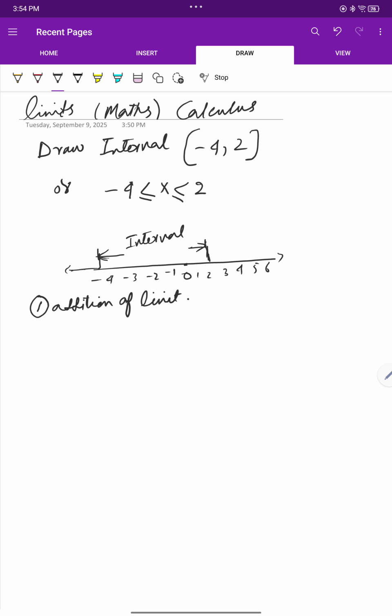So let's say we write down the limit as x tends to a of c(x) plus d(x). These are two functions. So how can you do it?